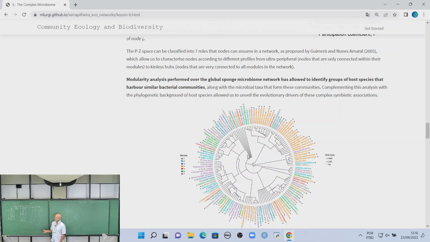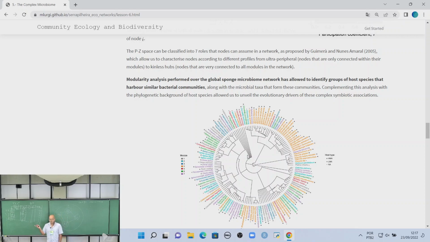And again, this is in line with what we were discussing before about the co-diversification of the species, because it means that, for example, all of these orange species, which belong to the same module in the network, are not only in the same part of the phylogenetic tree, but they also share the same bacterial communities because they are in the same module.